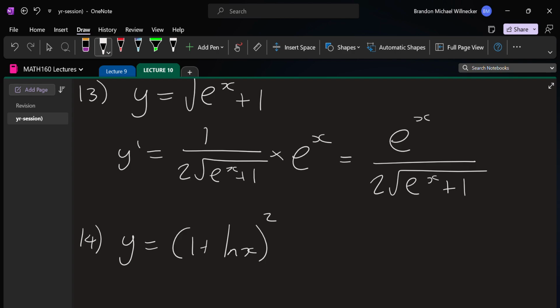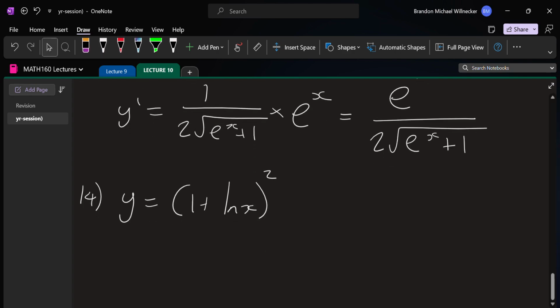Okay, so y is equal to 1 plus the natural log of x, all of that squared. Okay, so we've got a composition again. Outside function is something squared. Inside function is 1 plus the natural log of x.